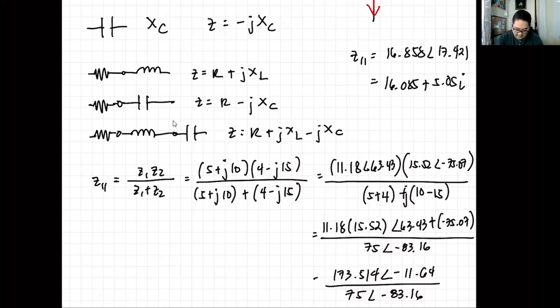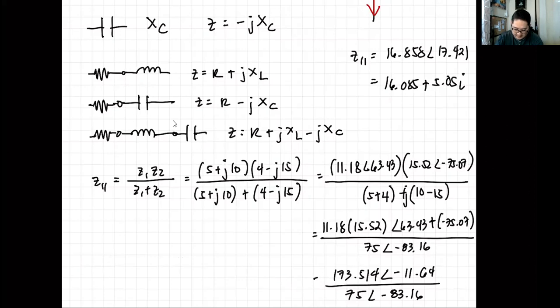So check ko lang to. So yung 5 plus 10j natin, pag change, tapos i-change natin sa polar. So tama naman. So yung 4 minus 15i, change natin sa polar. That is correct naman. Okay.